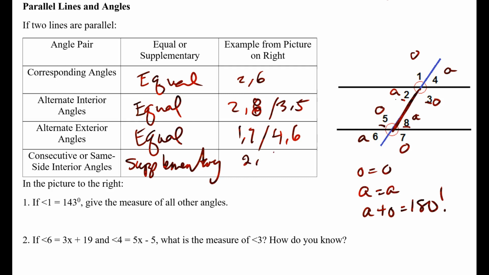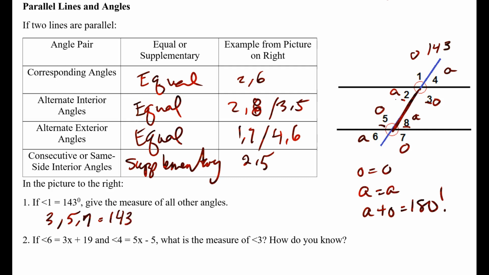So 2 and 5. If angle 1 is 143, give the measure of all the other angles. So angle 1 is 143. Then we know that 3, 5, and 7 are equal to 143, because they're all O's.